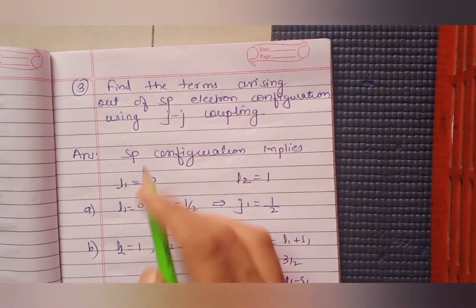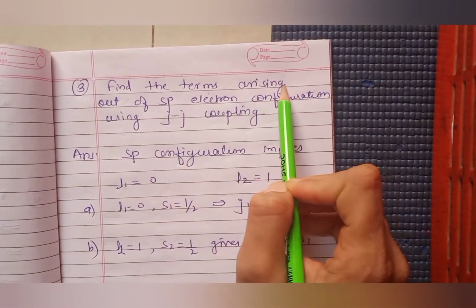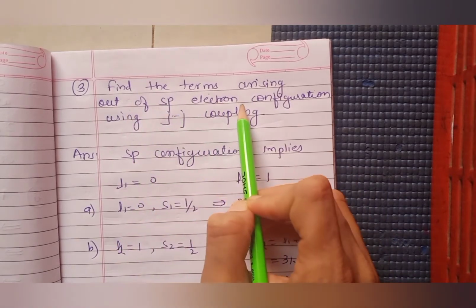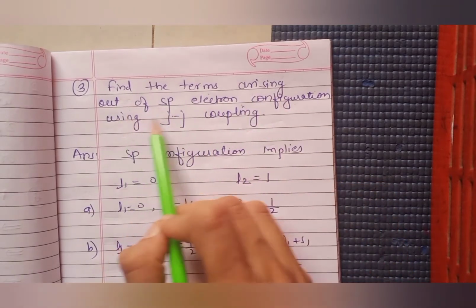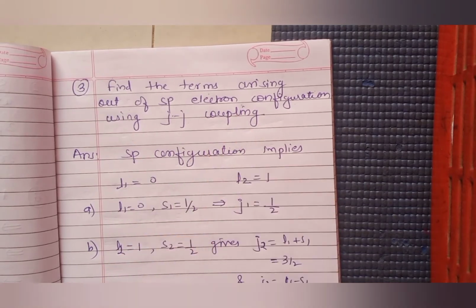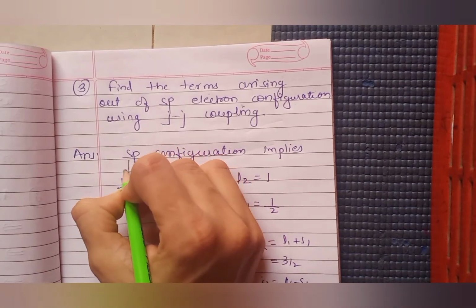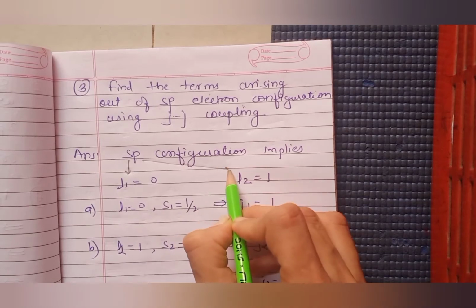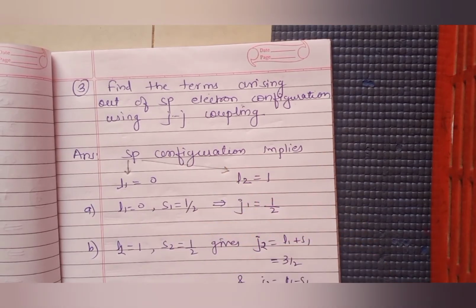Let us take one more example. Find the terms arising out of sp electron configuration using JJ coupling. Now sp configuration, what does it mean? It means that I have two electrons. One electron is in S state and another electron is in P state.